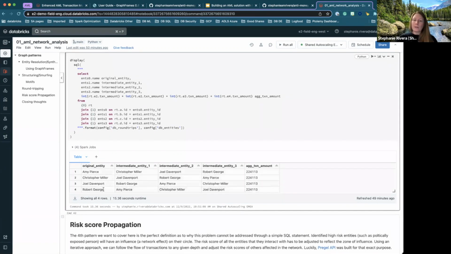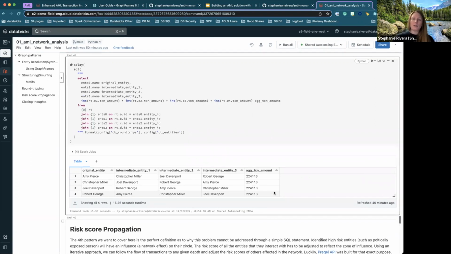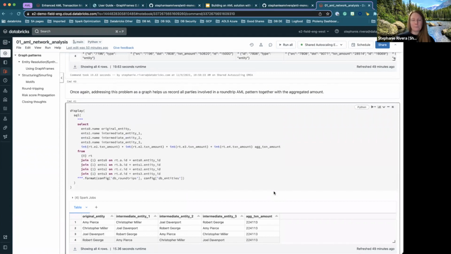So that's why there's 4 of them. There are 4 different identities involved, and they all have the same amount that's being transferred around because it's the same subgraph. So what that means is we only are seeing round tripping once, which is fine. That's a good result anyway. Something to look into. Awesome.